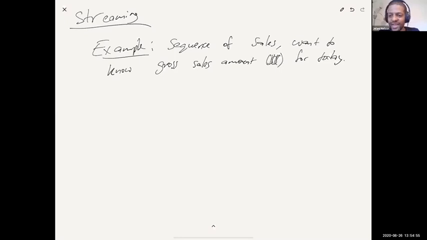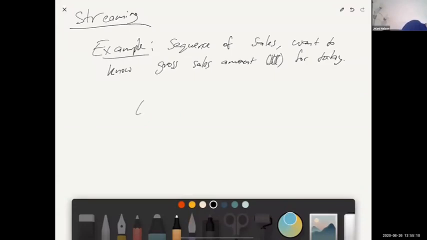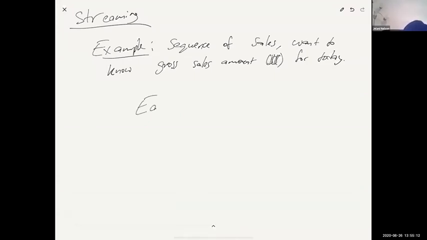So that is a streaming algorithm. Okay, so just to give you something concrete. This is so easy. Easy solution. Just keep a running sum.